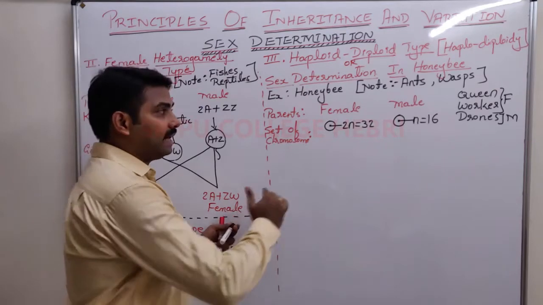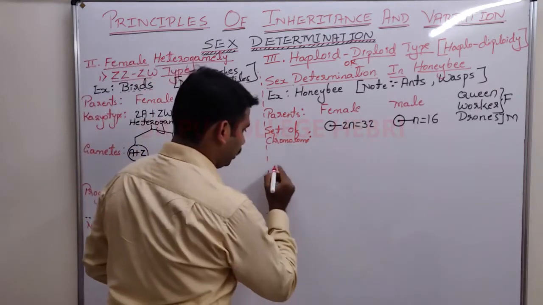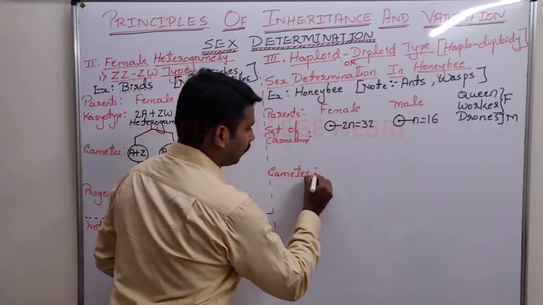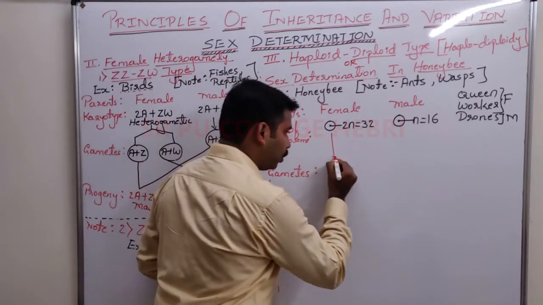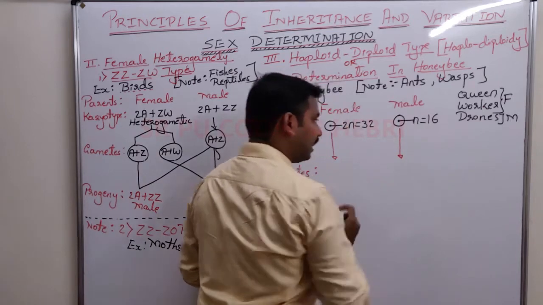Now, how exactly does it happen in them? Very simple concept. During reproduction, once again, the first step is what? Formation of gametes. Now, the female produces a gamete, the male also produces a gamete.